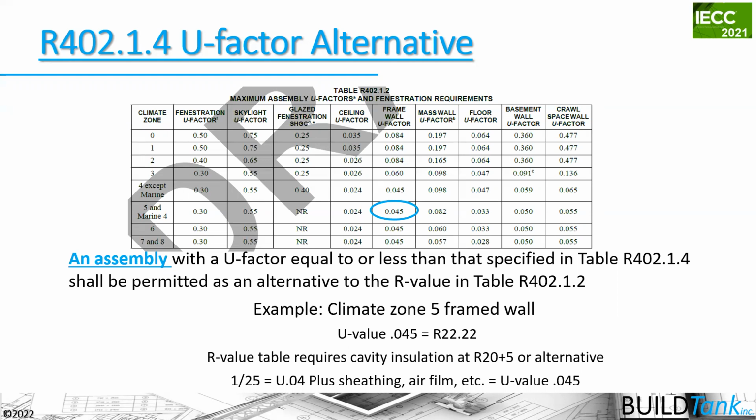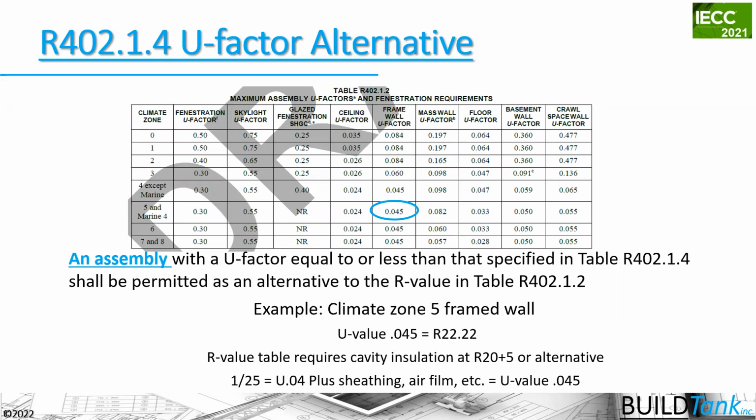And then if we look at the R value table, the R value table's starting point, it does give you some different options for walls, but its starting point is a 20 cavity insulation plus 5 continuous insulation. And if we take the reciprocal of that, we get that 0.4. And then if we add in sheathing and air films and other pieces of the assembly, we get that 0.45.